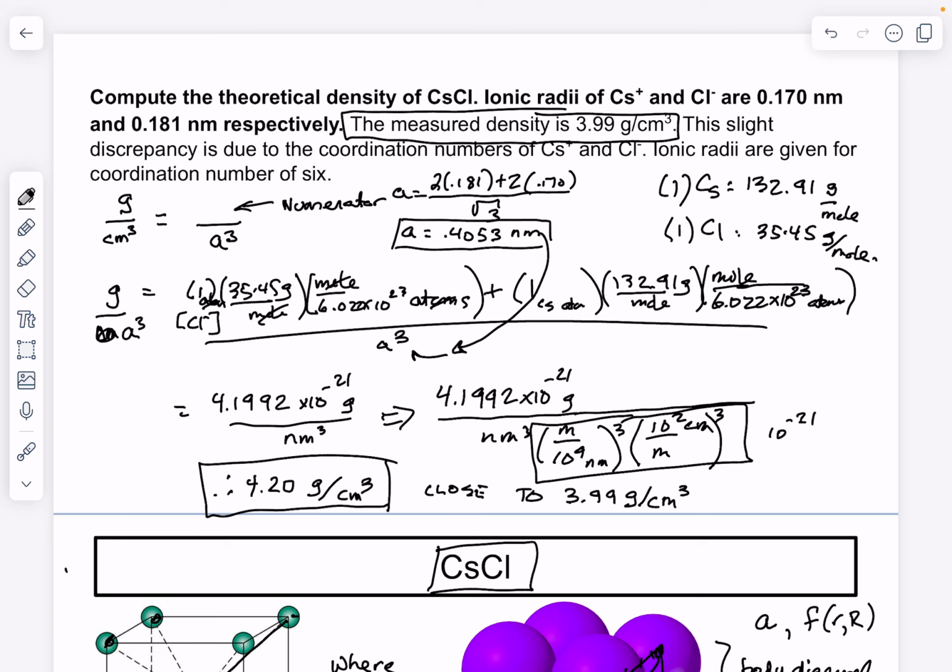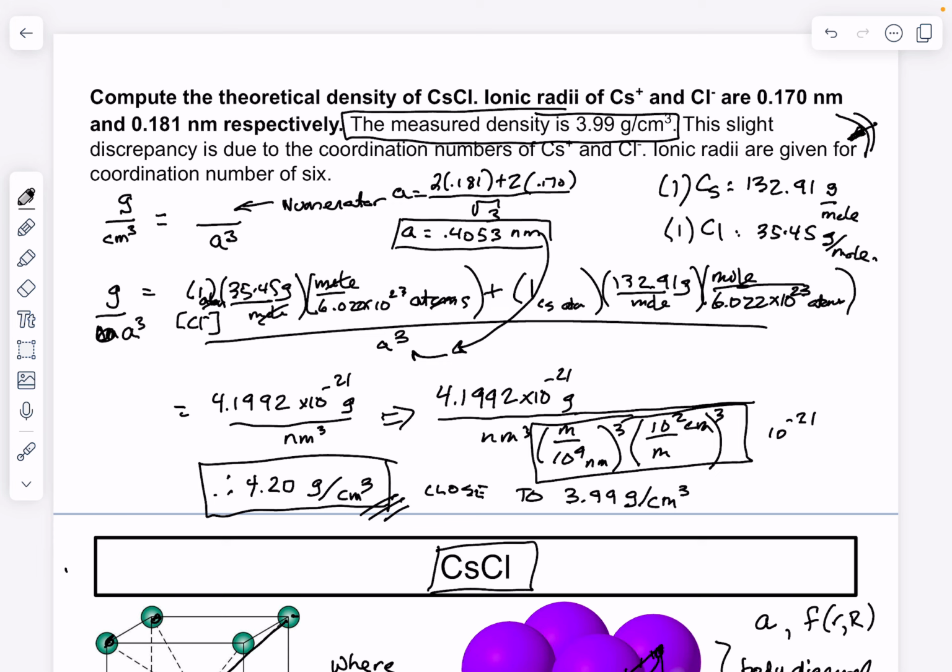The problem statement also gives us a warning: the theoretical density won't exactly match the measured density, and here's why. Quote unquote, this slight discrepancy is due to the coordination numbers of cesium and chloride ion. Typically, ionic radii are listed for coordination number of 6. All right, so this wraps it up. This is the final answer for this problem.